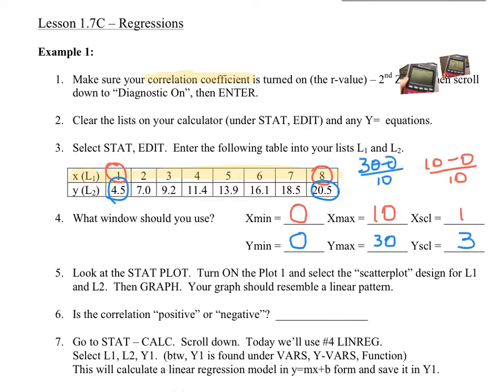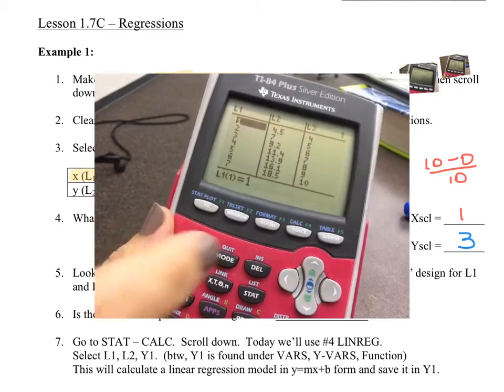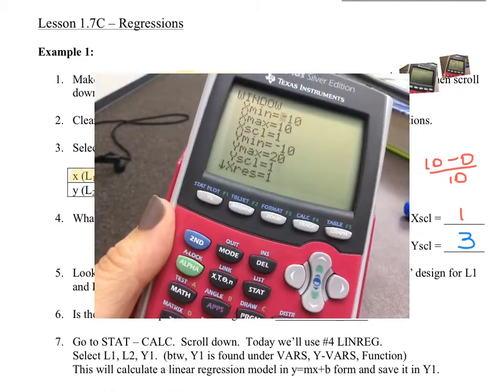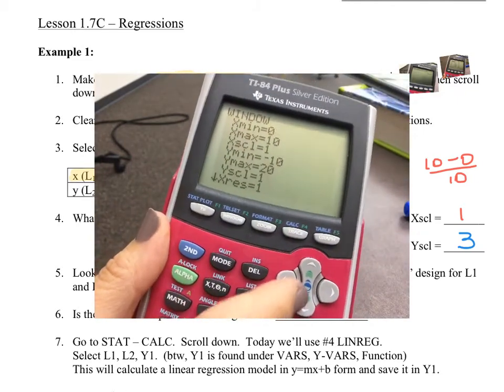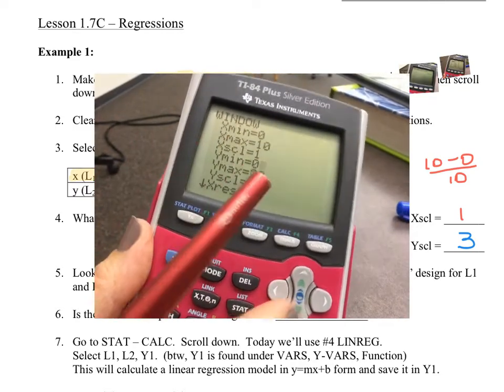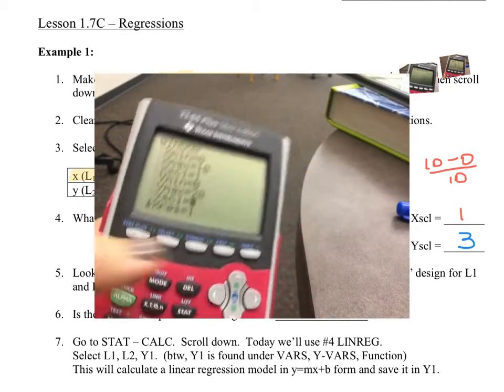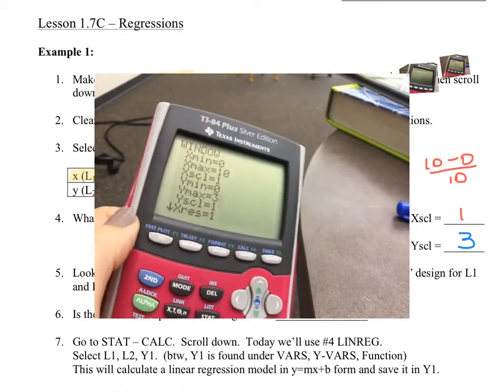So make sure that you set your window to be a scale of 3. So let's take a look at that. Hit our window feature, 0 to 10 with a scale of 1, followed by 0 to 30 with a scale of 3.